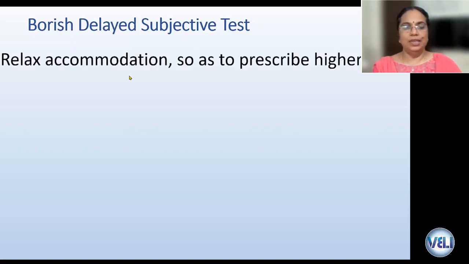What we're trying to do is relax the accommodation as much as possible so that we can prescribe a higher plus lens than what the patient is accepting in the normal subjective defogging that you have done so far.